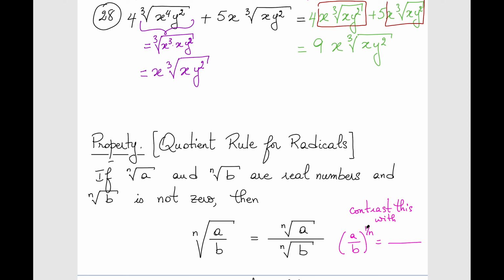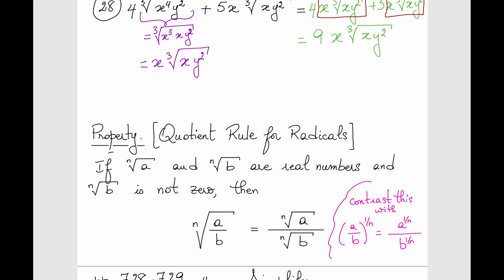So this is certainly a rational number. So that becomes a to power p, which is 1 over n, divided by b to power p, which is 1 over n. Correct? And what this is saying is the same thing. So this property, we knew it already before, but we're highlighting it and calling it the quotient rule for radicals. Okay, so we're going to put it in action.